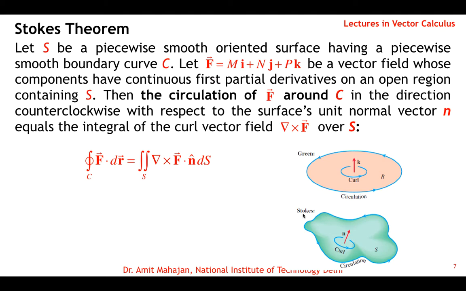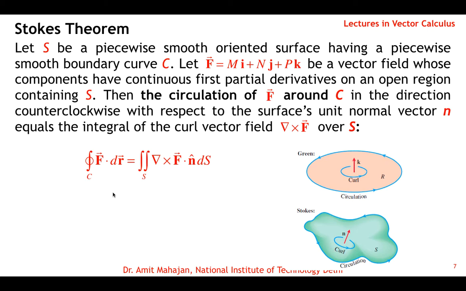So for the general form, Stokes theorem says that we can calculate the circulation around the curve C by calculating the curl of the vector dot product with the unit outward normal, such that the normal vector is chosen in the positive direction, counterclockwise.